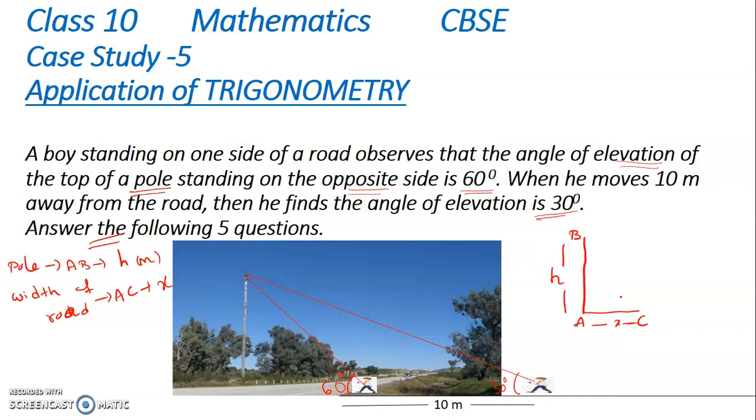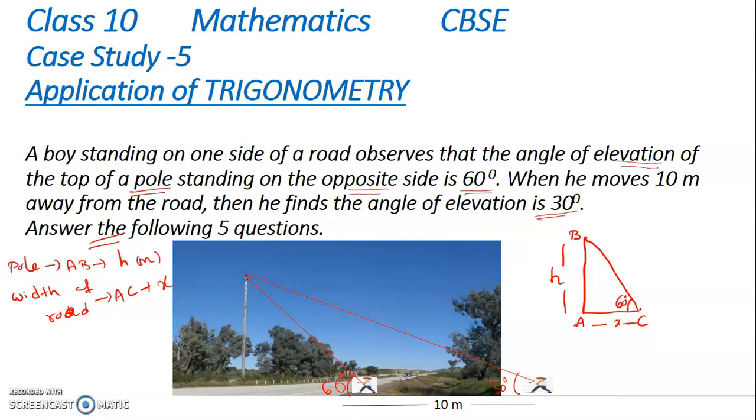From the point C, he is observing the top of the pole. I will erase and draw it clearly. See here, from the point C he is observing the top of the pole, and the angle is 60 degrees. After that, from the point C he moves 10 meters away from the road.